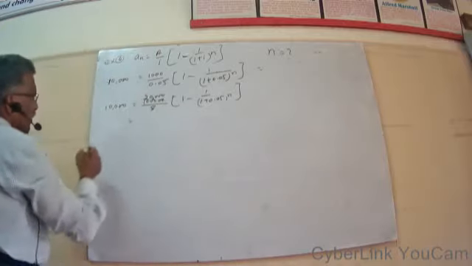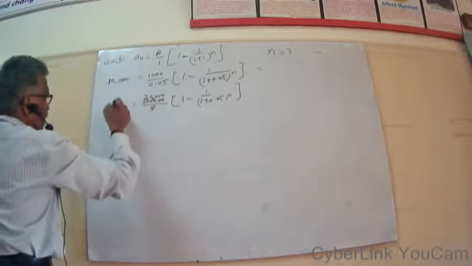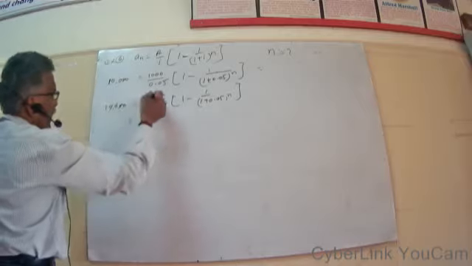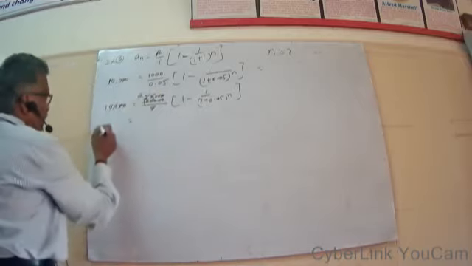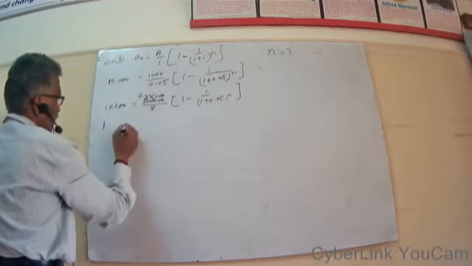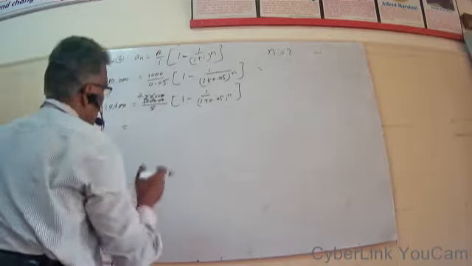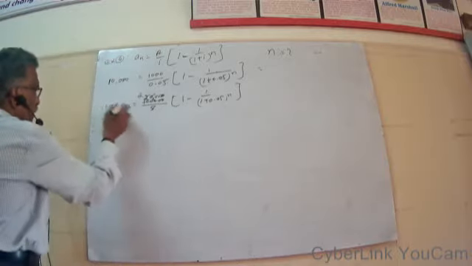If you divide on both the sides by 10,000, what happens?